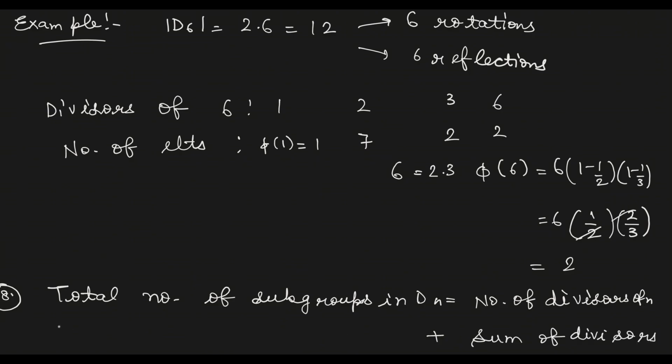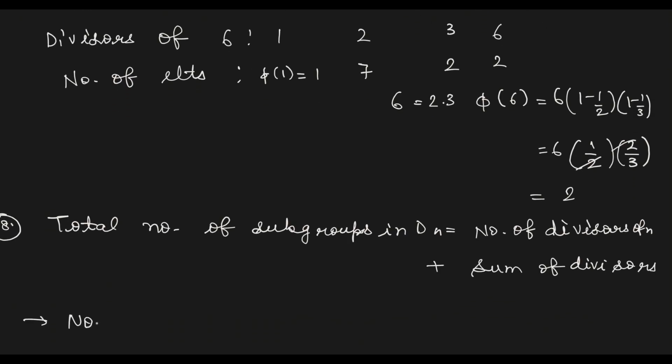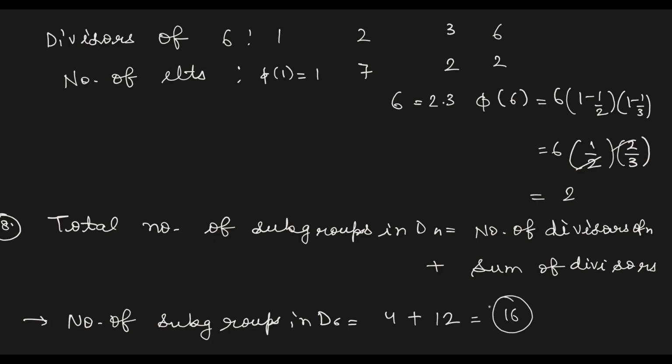For example, number of subgroups in D6. Number of divisors of 6 are 4, plus sum of divisors 1 plus 2, 3, plus 3, 6, plus 6, 12. So there are 16 subgroups in D6.